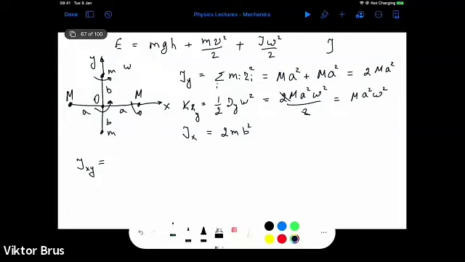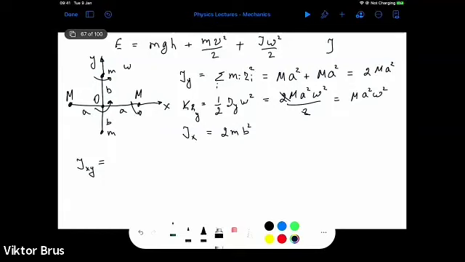And again, we want to calculate the moment of inertia when the system of bodies rotates in the plane of X and Y about axis O, which goes perpendicularly to the XY plane and goes through the center of this cross.